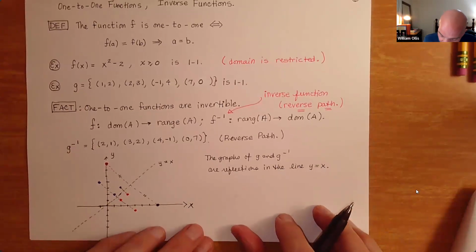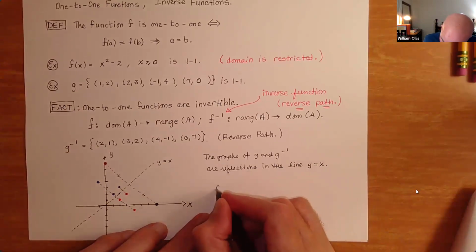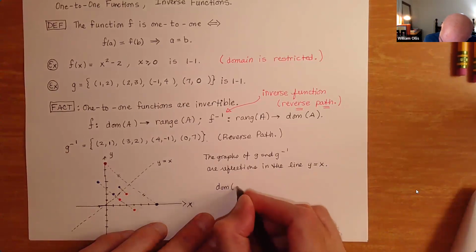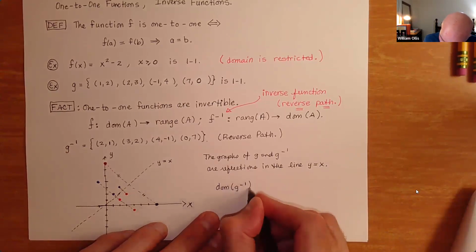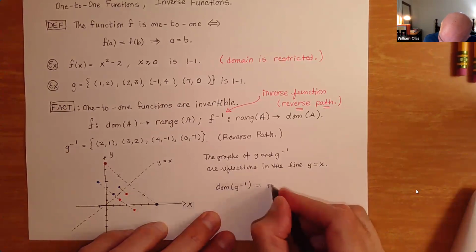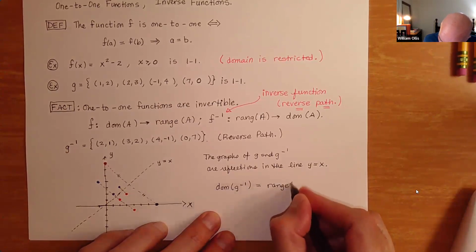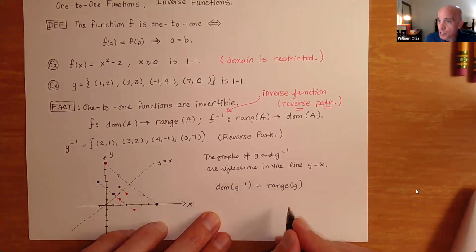And what we see is that the domain of the inverse function, which is the new function, is actually the range of the original function g, because that's the reverse path.